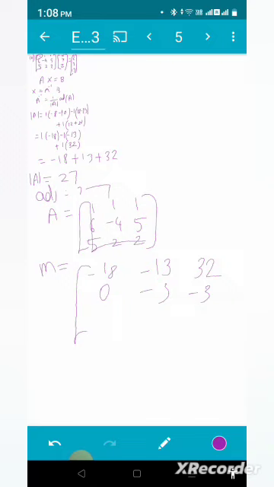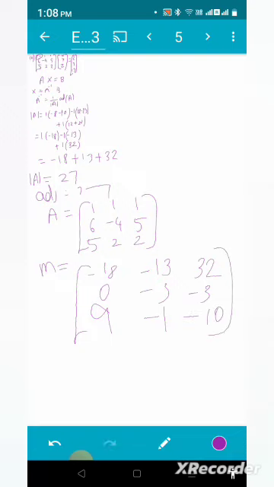Similarly, 5 minus of minus 4, that is 5 plus 4, that is 9. Then 5 minus 6, that is minus 1. Then minus 4 minus 6, that is minus 10.